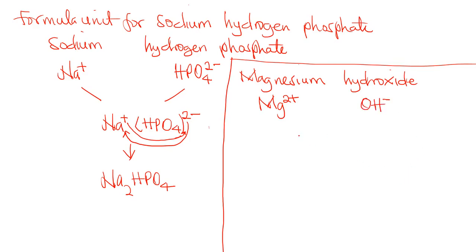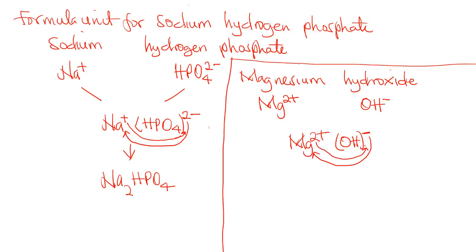So what you want to do is bring this together, Mg2+, and don't forget to put this one in parentheses, minus. We take 1 from here and put it there, and we take this 2 from here and put it here.